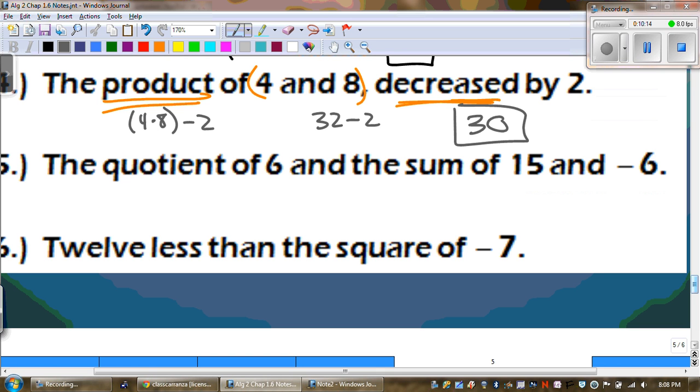The quotient of 6 and the sum of 15 and -6. Okay, so quotient, sum. What do we have to do? Why don't you guys pause the video and see if you can figure that one all on your own. Good luck.